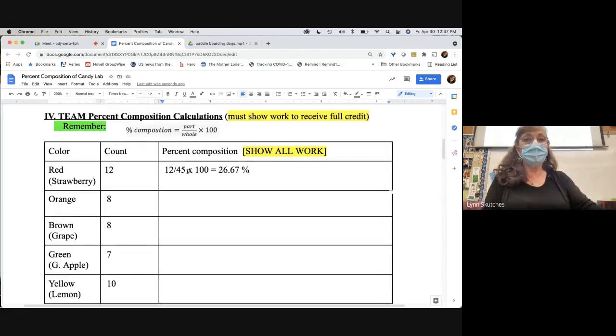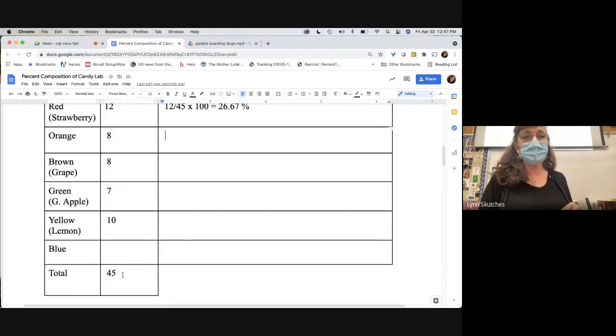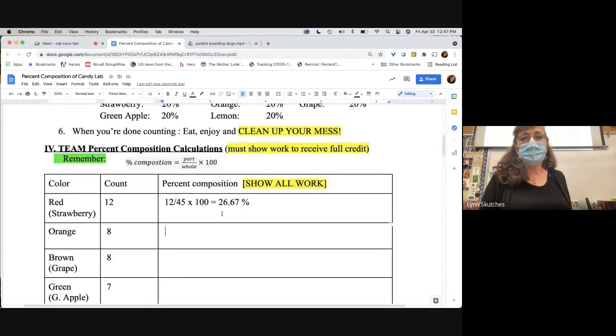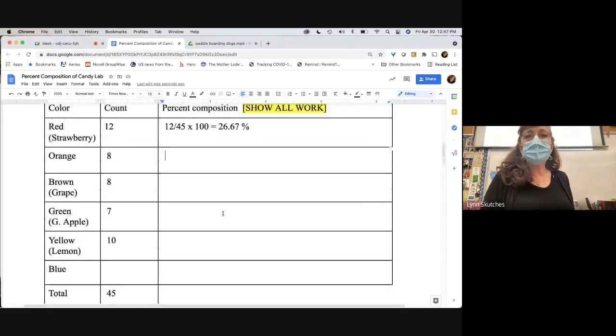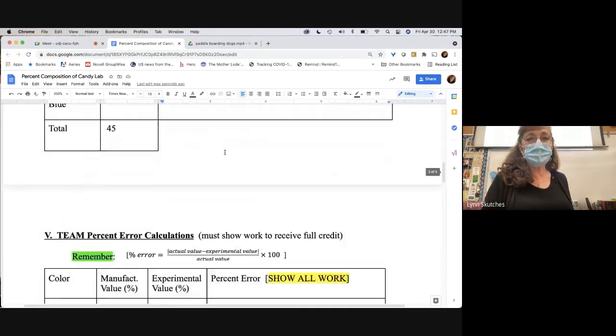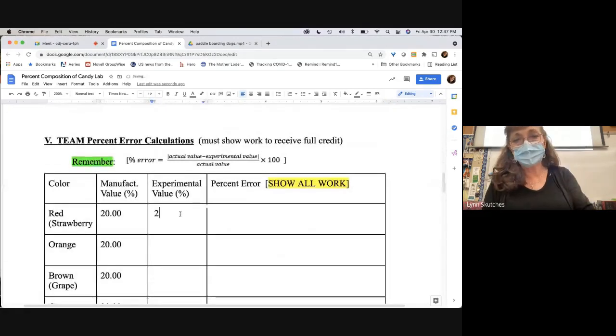Okay, so peeps at home, these are the numbers 12, 8, 8, 7, and 10. Give us 45. And so you're just doing percents. So 26.67 goes here.